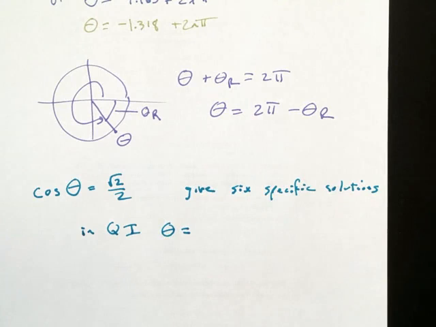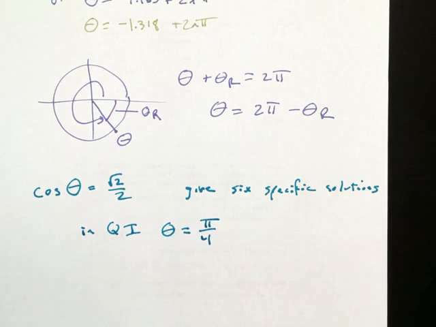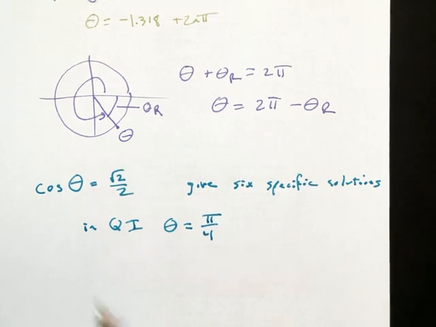So what's my answer in the first quadrant? 45 degrees, pi over 4. But if it's positive in the first quadrant, positive in the fourth quadrant, what's that? You have two choices. 7 pi over 4 or minus pi over 4.